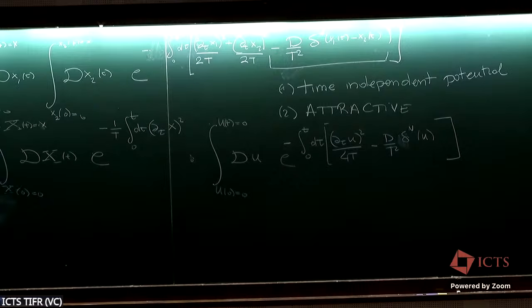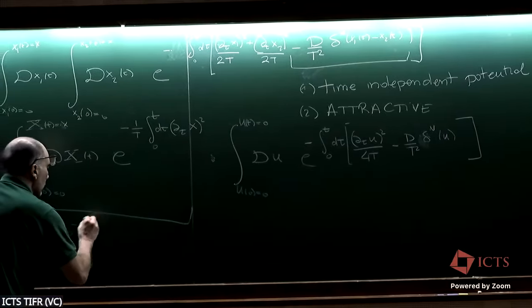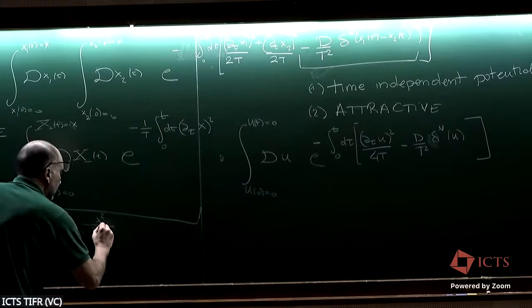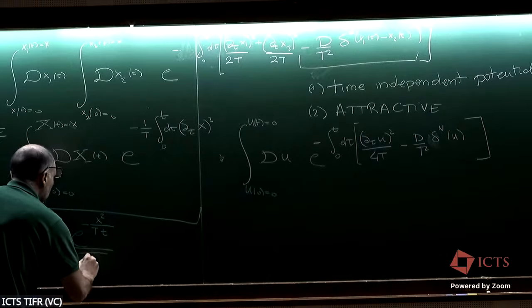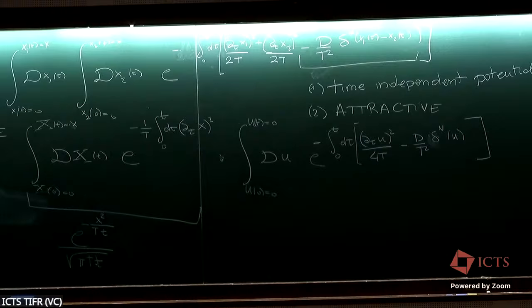So here I have exponential minus x squared divided by capital T, divided by square root of pi capital T. Okay?